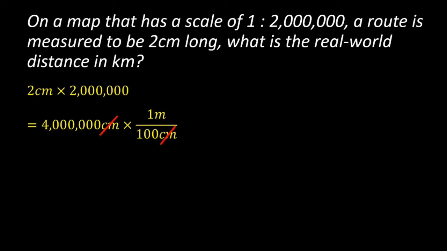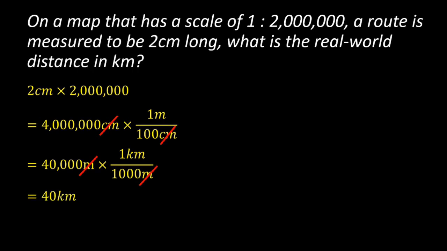We will get 40,000 meter. Next, we multiply that by 1 kilometer over 1,000 meter to get 40 kilometer. This example shows us how versatile this technique is. If you understand the last example, you will have an easy time learning how to convert two-dimensional units.